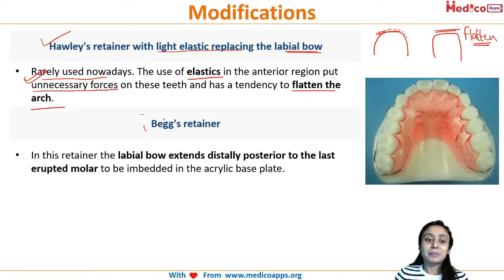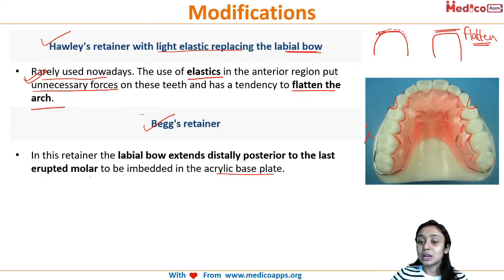The next is Begg's retainer. In this retainer, the labial bow extends distally, posterior to the last erupted molar, and is embedded in our acrylic plate. So this is your labial bow, and here you have your U loops. Okay, so it extends like this, it moves distal to the last erupted tooth and then ends in your acrylic plate.